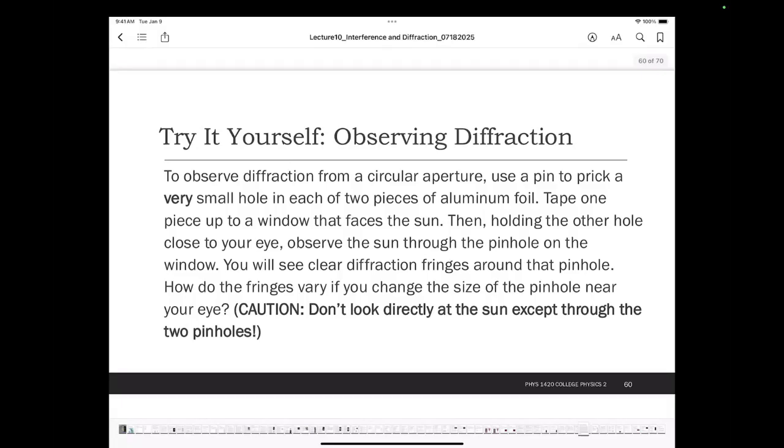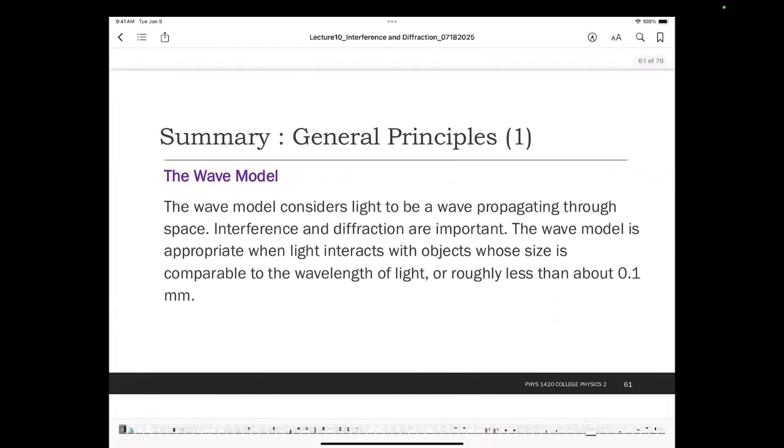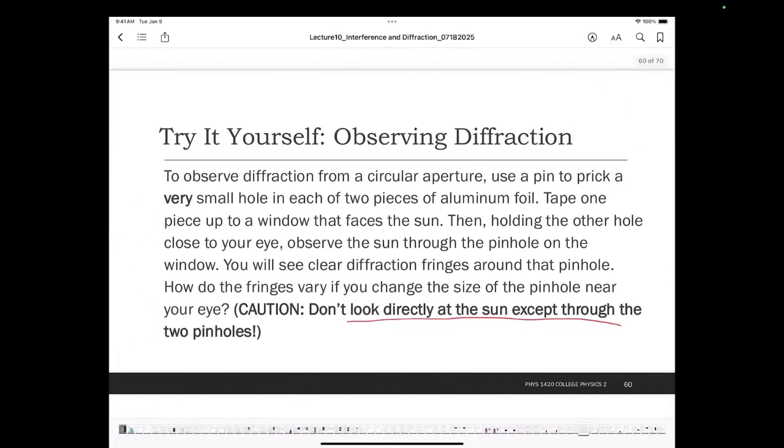You will see clear diffraction fringes around the pinhole. How do the fringes vary if you change the size of the pinhole near your eye? Yeah, you can try it. But don't look directly at the sun, except through the two pinholes. Yeah, it will be a little dangerous. Okay, yeah, this is what we talk about today.